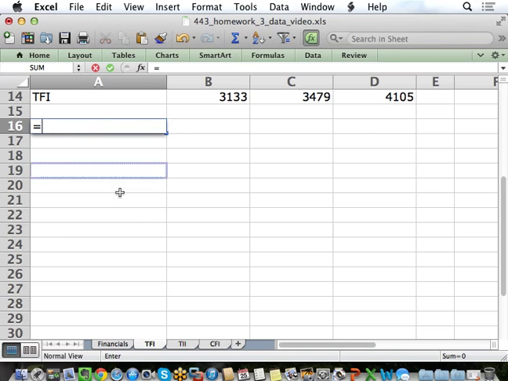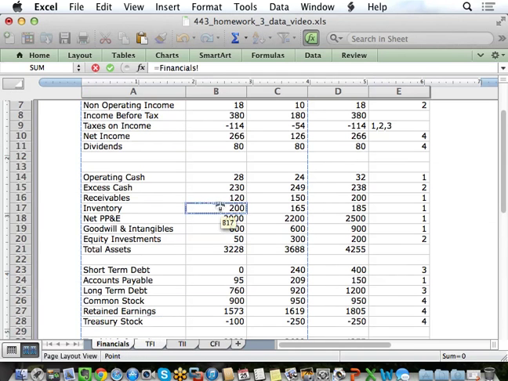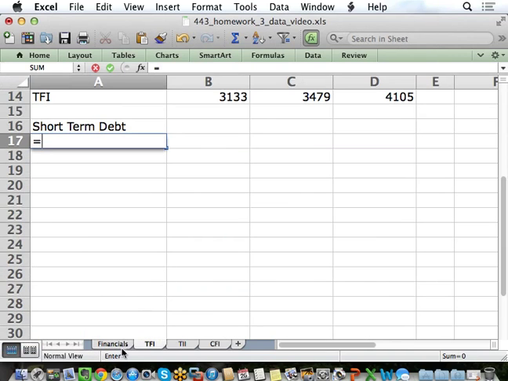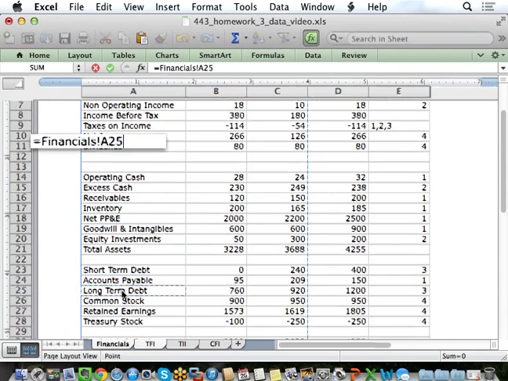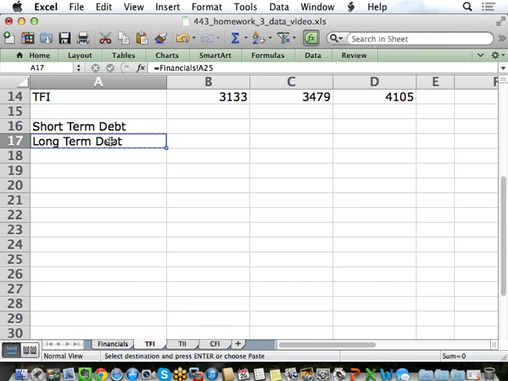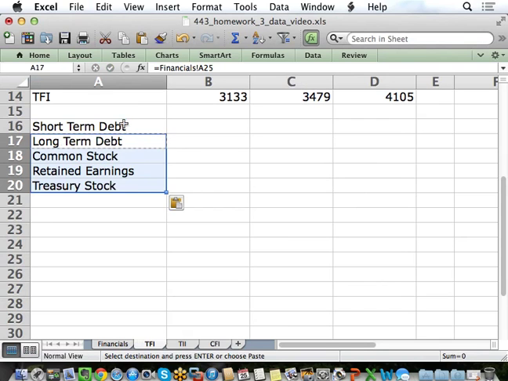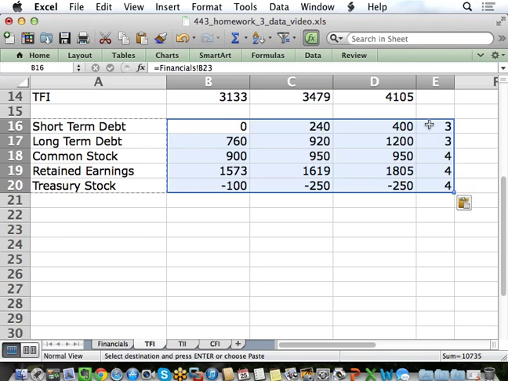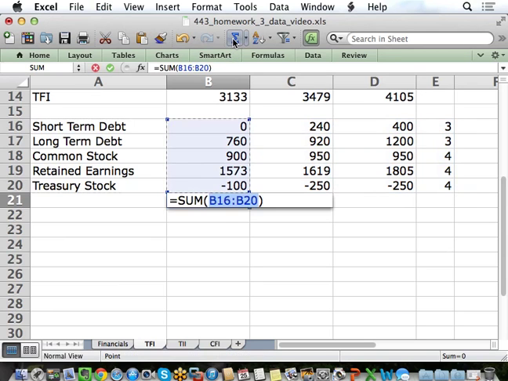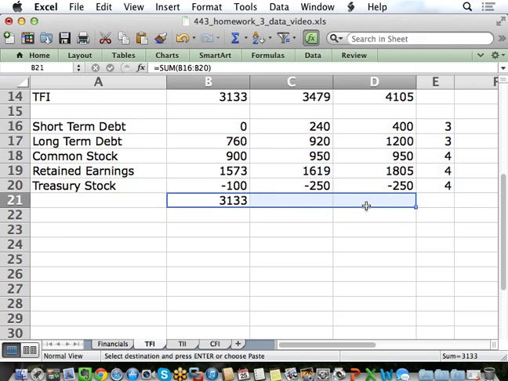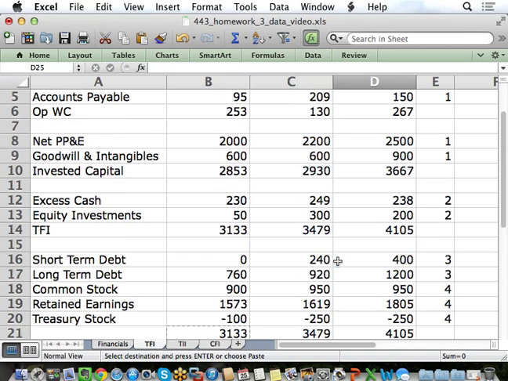So anything that's interest-bearing debt labeled a 3, in this case short-term debt, long-term debt, and all the way down to treasury stock. And if I sum my 3s and 4s, then I should match my TFIs. Okay, so that gets me my balancing statement of total funds available to investment.